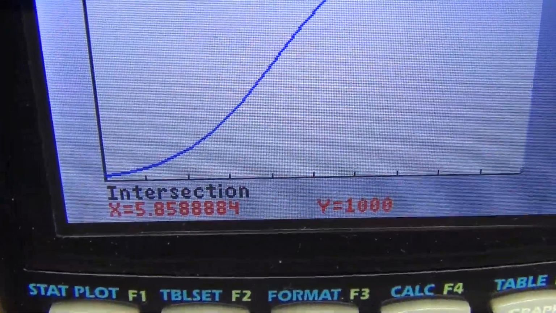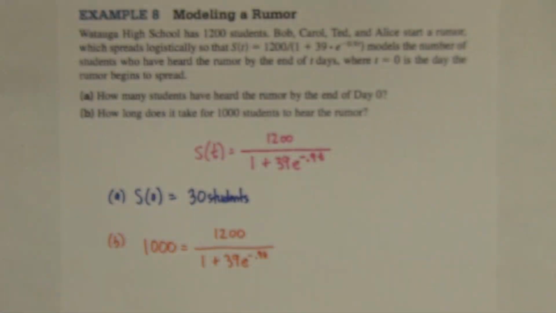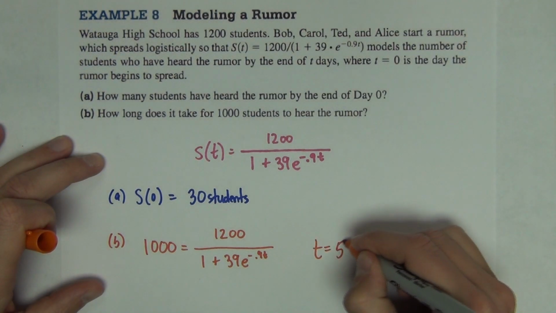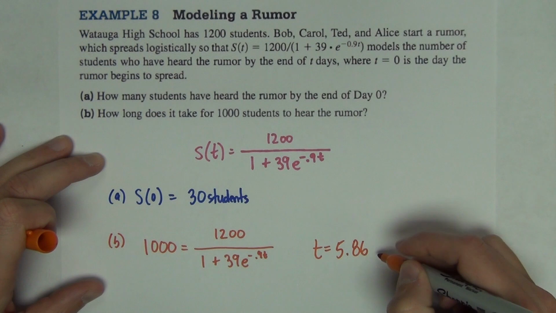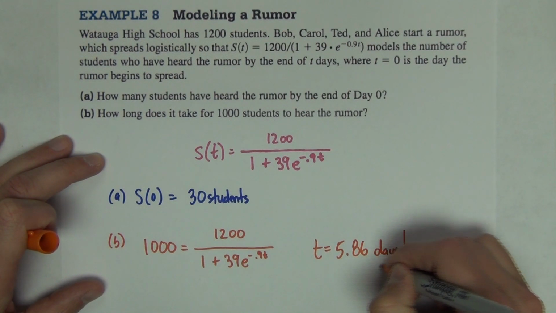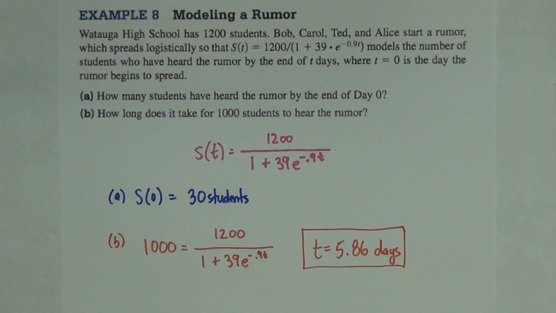And if we look at the x value right there, which is the t value that I want, it is about 5.86 days. So that's how long it takes for 1,000 of the 1,200 students in this school to have heard the rumor. So near the end of the 6th day, that's when 1,000 students in this school have heard the rumor.